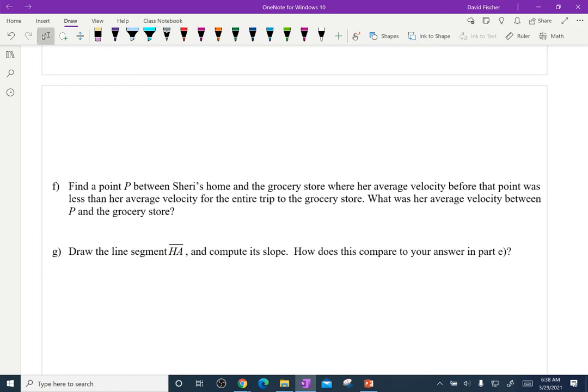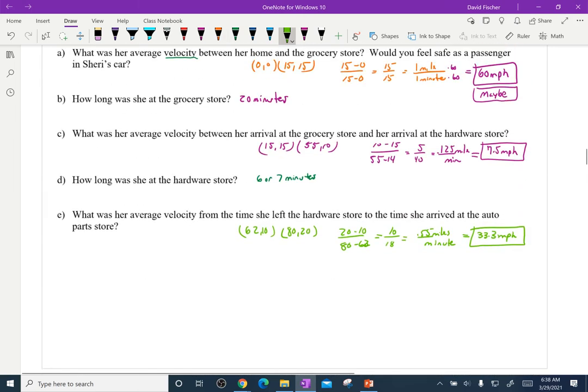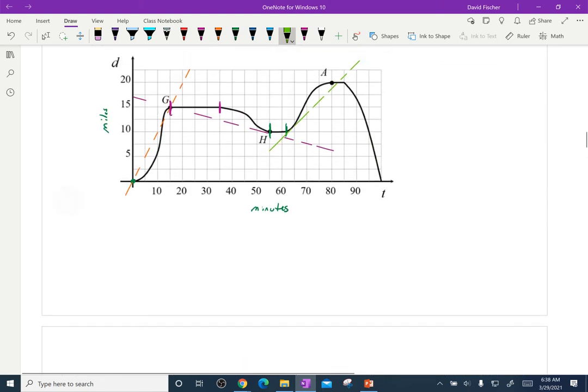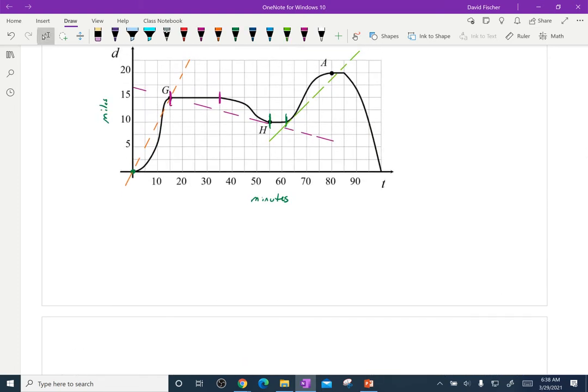Okay, they want us to put a point P. Find a point P on Sherry's trip between home and the grocery store where her average velocity before that point was less than her average velocity of the entire trip to the grocery store. This one's a little confusing. They want us to put a P on the graph where her velocity was slower.